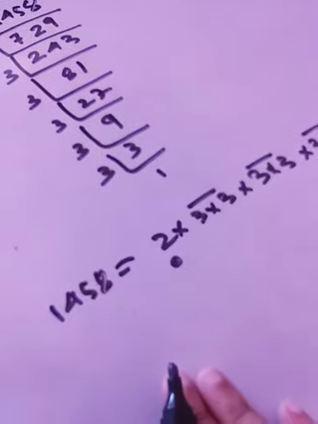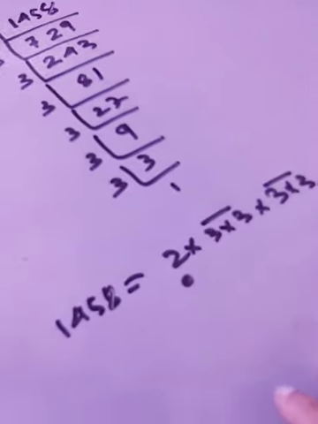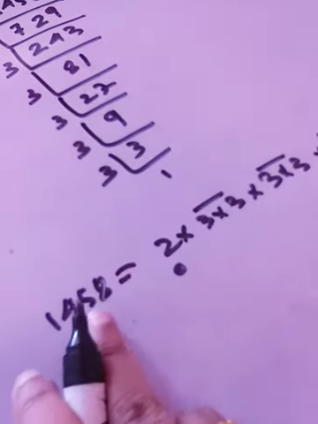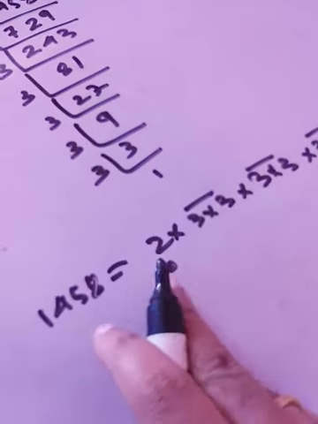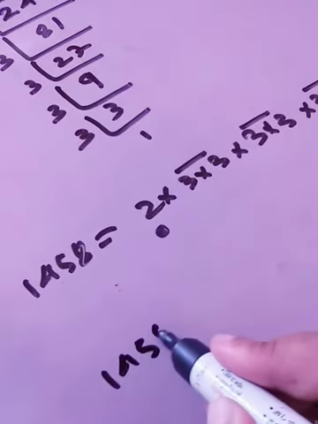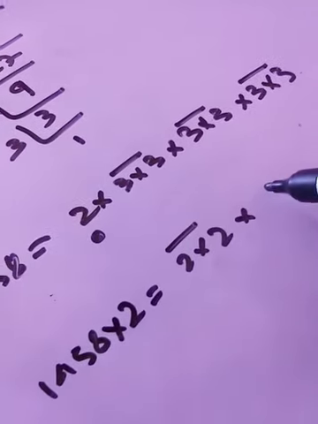So if 2 gets a pair, then this number will become a perfect square. So 1458 has to be multiplied with 2 to obtain a perfect square. Then you will do 1458 into 2, then you will again multiply this with 2. The same treatment.